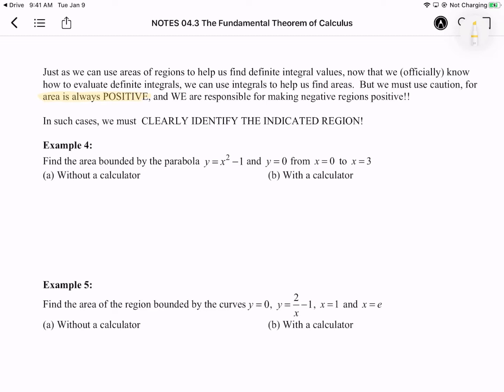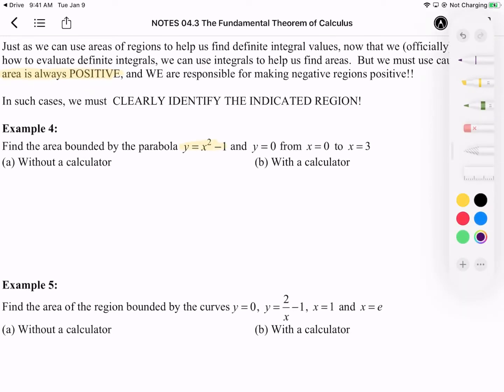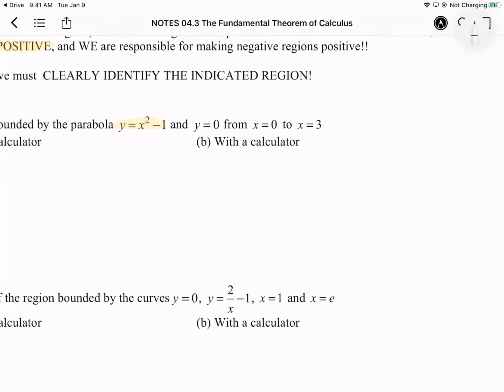So to do that, we do have to know what these graphs look like, okay? So here's my equation. I'm gonna start off just by sketching this. So this one's really easy. It's just a parabola that's been shifted down 1. So a quick sketch will look like this.